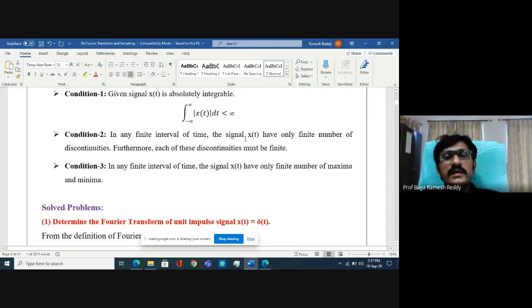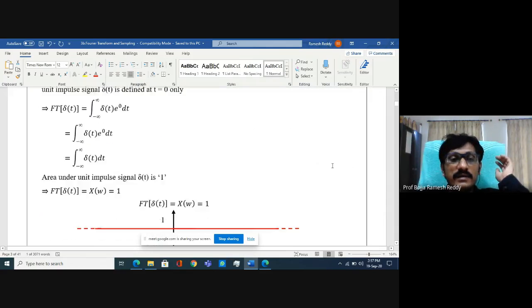Okay. And the second condition: in any finite interval of time, the signal x of t must have only a finite number of discontinuities. Furthermore, each of these discontinuities must be finite. The meaning of this is clear if we know the waveform and evaluate limits, like for a rectangular signal.